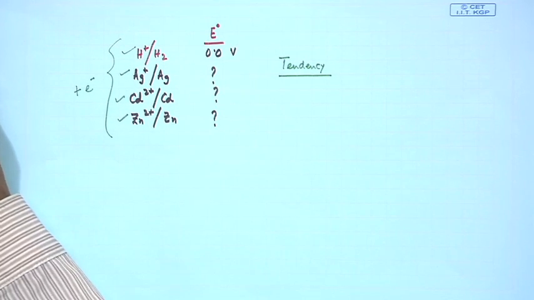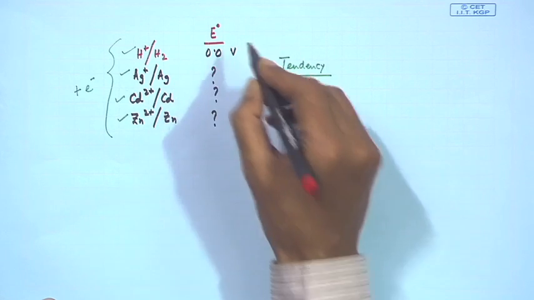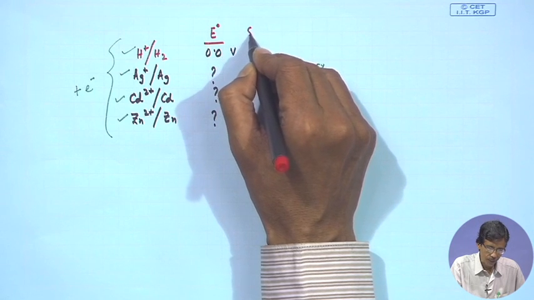This particular thing is there in all standard books, and it has been taken from Skoog's analytical chemistry book. Skoog's book will tell you that this is the qualitative information we can gather from arranging these cationic species. Now, we have considered this and this, and their E0 is the standard electrode potential.